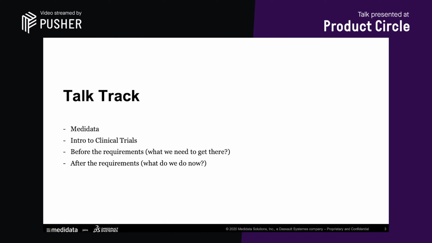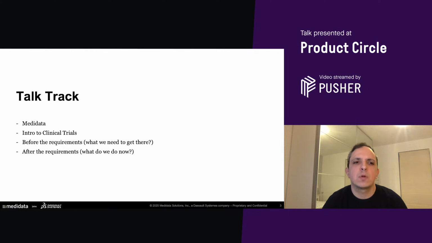What I'm going to be talking to you guys about today is a bit about Medidata, although other people in the Product Circle events have spoken about the company before, so I won't take too much time speaking on that. Given the current circumstances, I'd like to speak to you a bit more about the clinical trial space overall and the way that clinical trials are conducted.